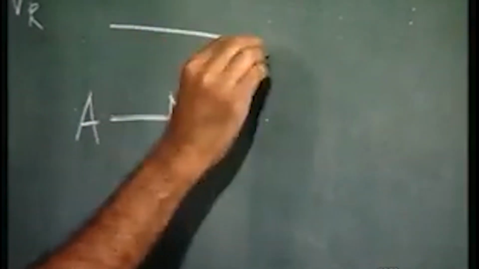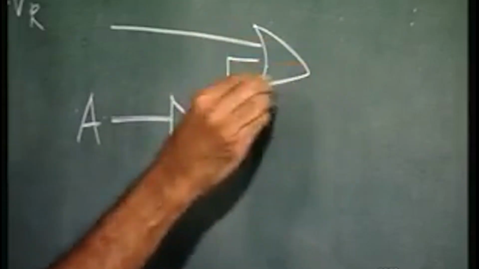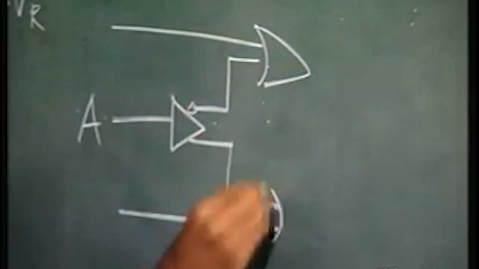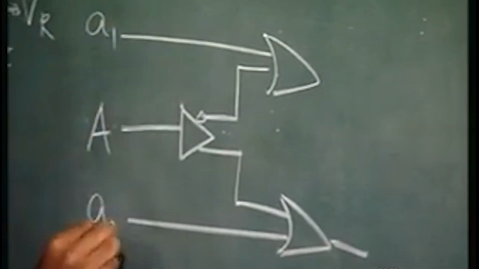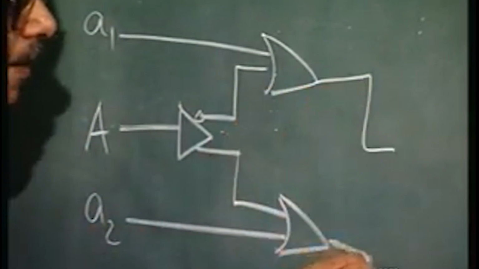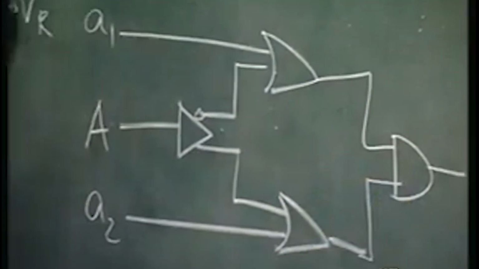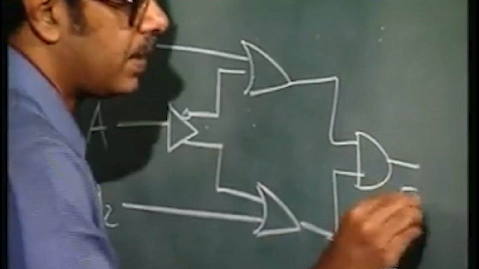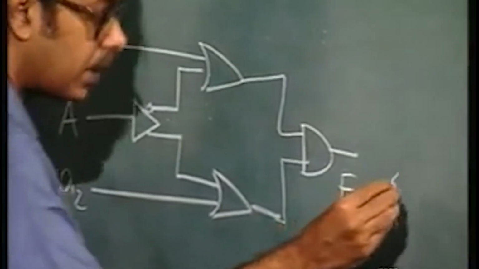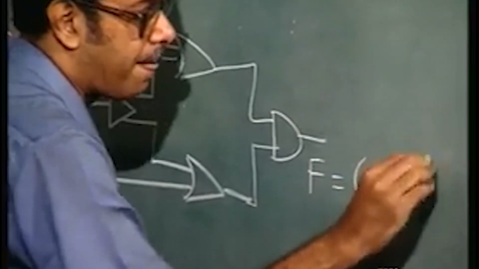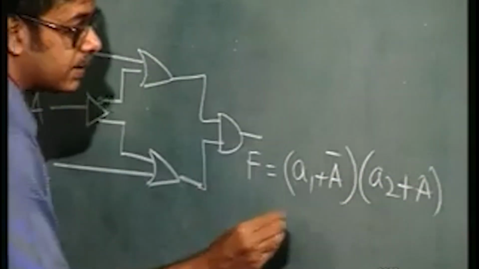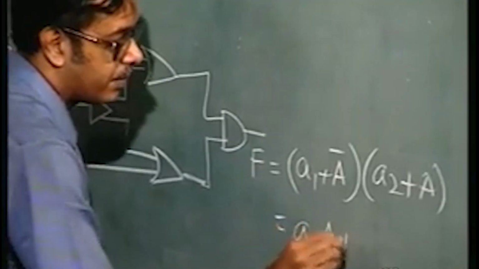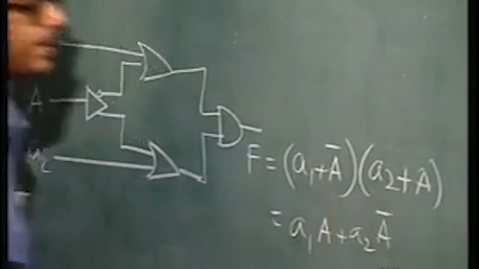So, you have the control input here, you have the OR gates, you have A1, A2 and like this. So, F is equal to A1 plus A bar, A2 plus A, which can be written as A1 A plus A2 A bar.